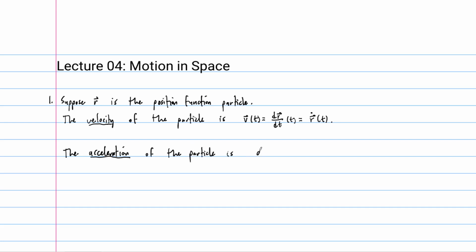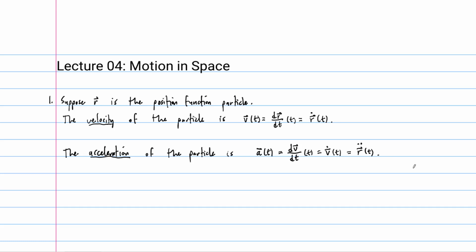This is given by a for acceleration of t. It's defined to be dv by dt, so the derivative of velocity, which again, we could just write as v dot of t, and because v itself is r dot, then this just becomes r double dot. So second derivative of r is our acceleration function.